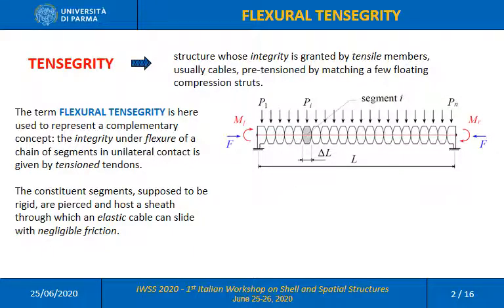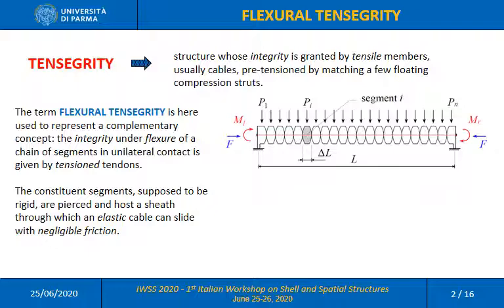The term tensegrity was coined by Buckminster Fuller to indicate a structure whose integrity is granted by tensile members, usually cables, which are pretensioned by matching a few compression struts.